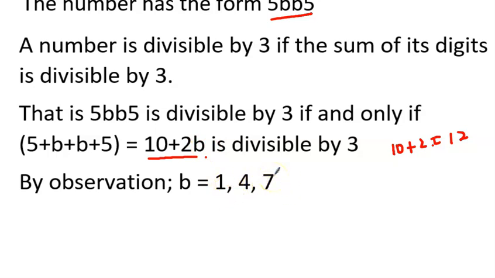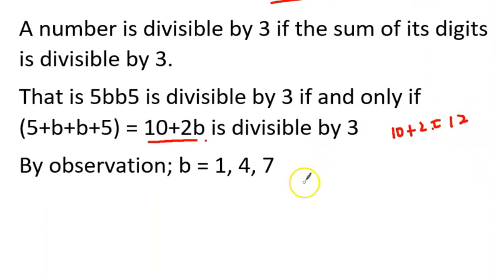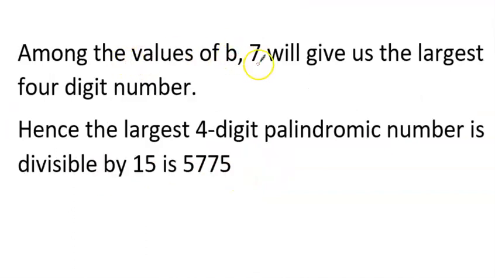Now remember, we are looking at the largest 4-digit number. So if we are talking about the largest, then we will cross out 1, cross out 4 and then take 7. So among the values of B, 7 will give us the largest 4-digit number. And if that is the case, then the largest 4-digit palindromic number which is divisible by 15 will be 5775, with B equal to 7.